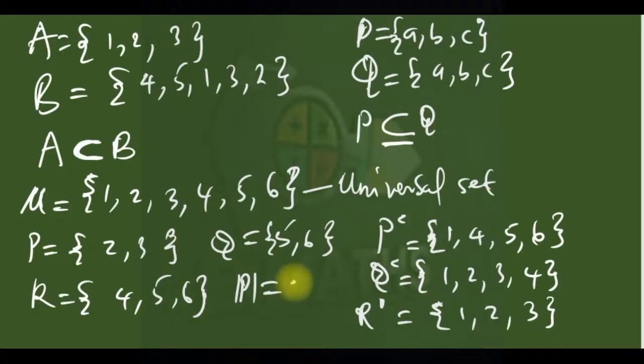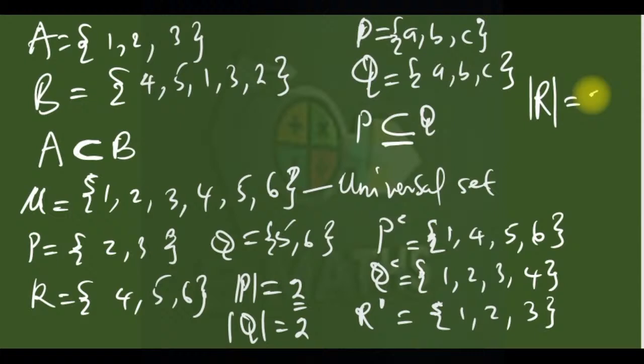It's the number 2. The cardinality of Q, how many elements? We have 2 again. The cardinality of R, how many elements? 3. So once you count the elements, the number is the cardinality.